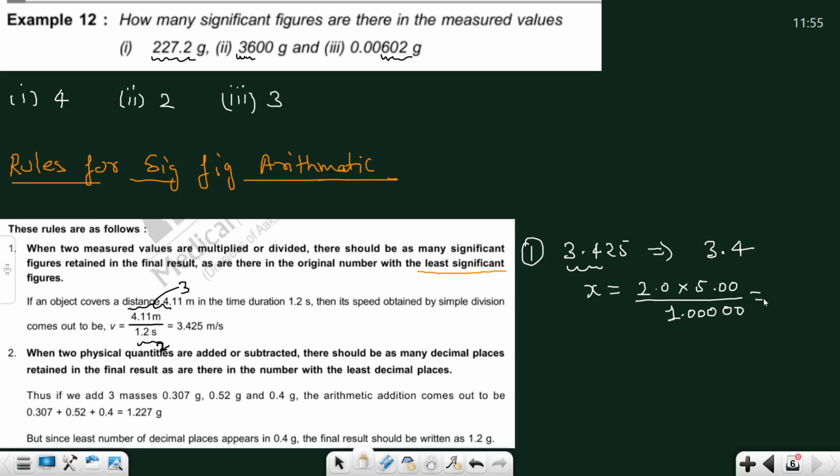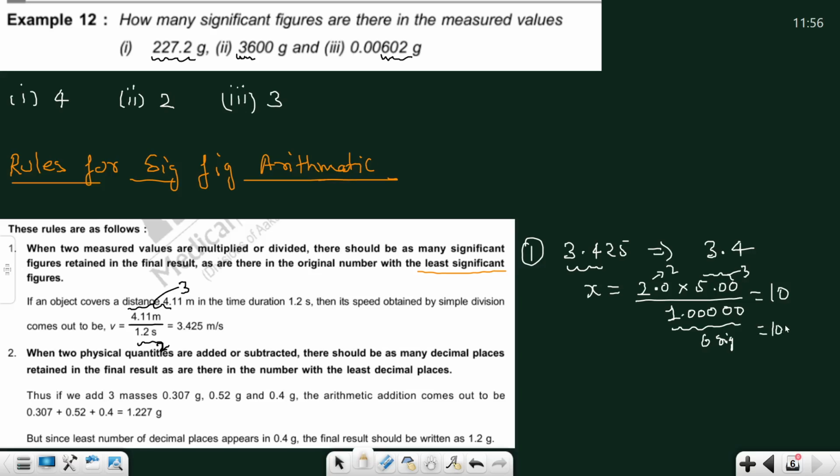The answer is 10. 2.0 has 2 significant figures, 5.00 has 3, and 1.00000 has 6. So the final answer will have only 2 significant figures, that is 10.